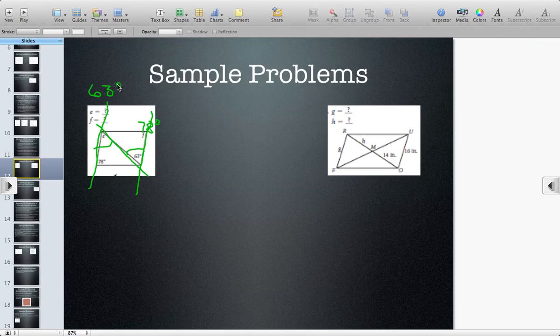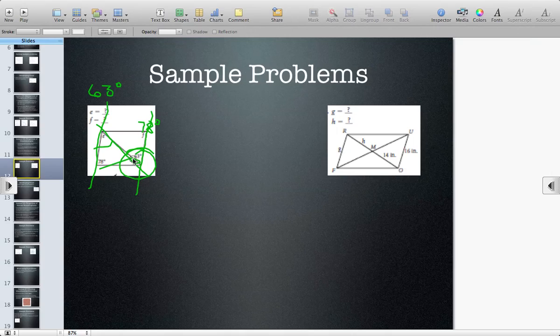You could have also figured it out by finding the total measure of this angle by subtracting from 180, and then solving for that tiny part. But actually, no, that would have been more complicated. You still would have had to use alternate interior angles. So the first way was easiest.